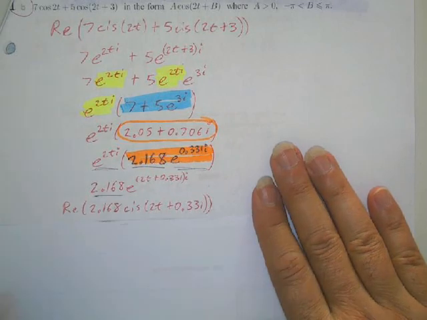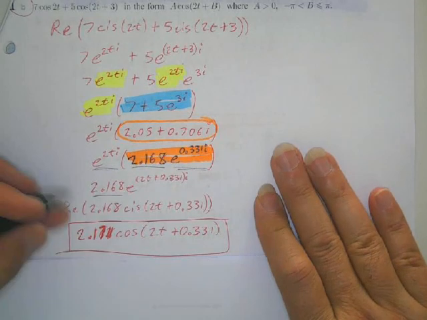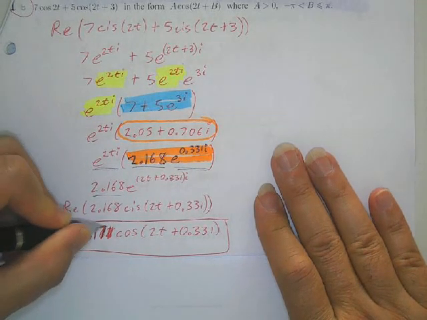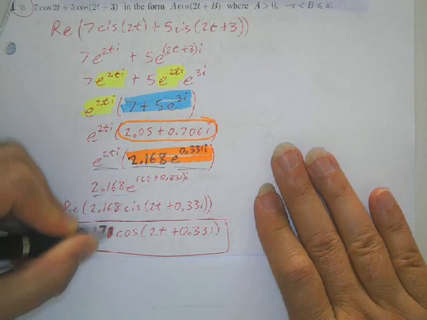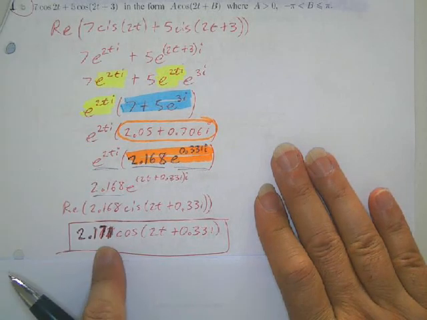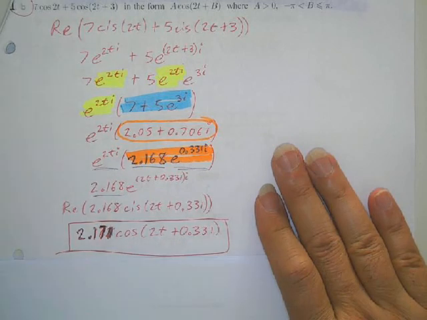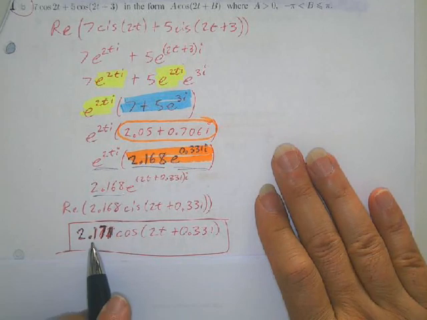And so now we're finished. We've got 2.17, 3 sig figs, remember, and then cosine 2t plus 0.331. So this is our new amplitude.